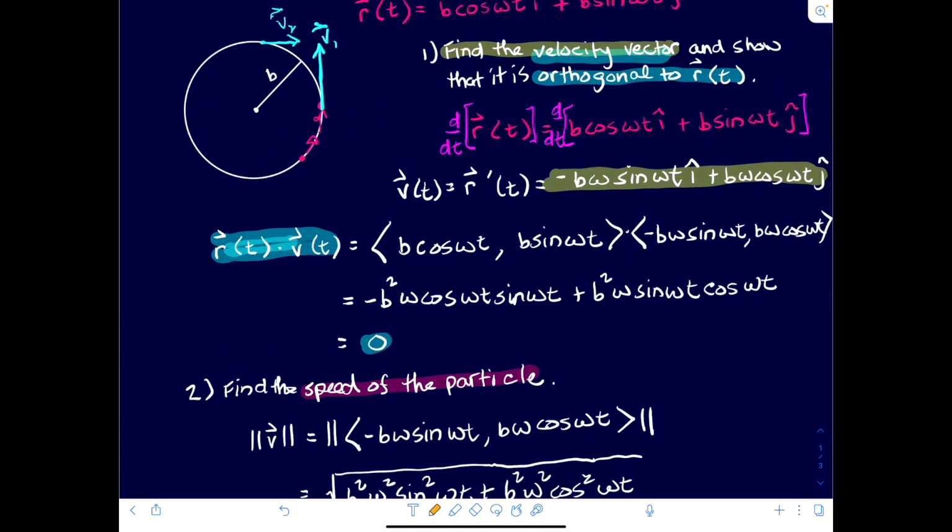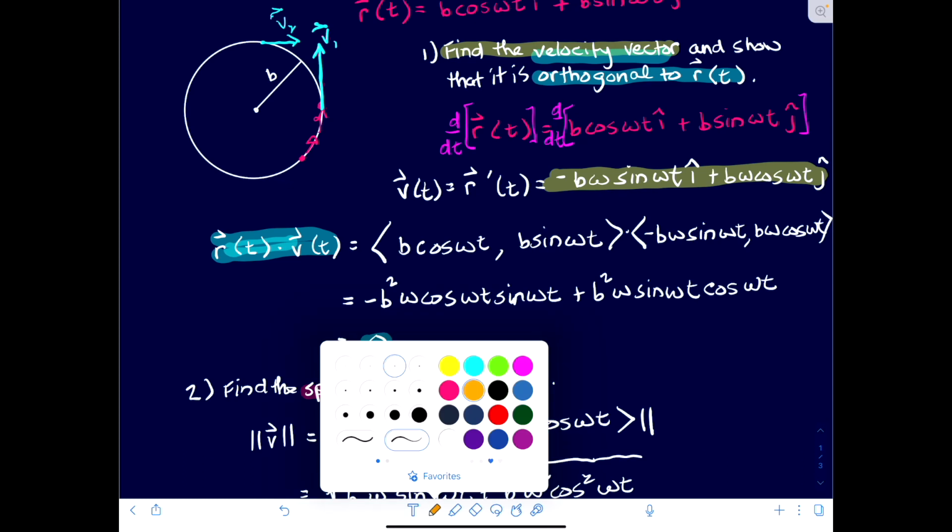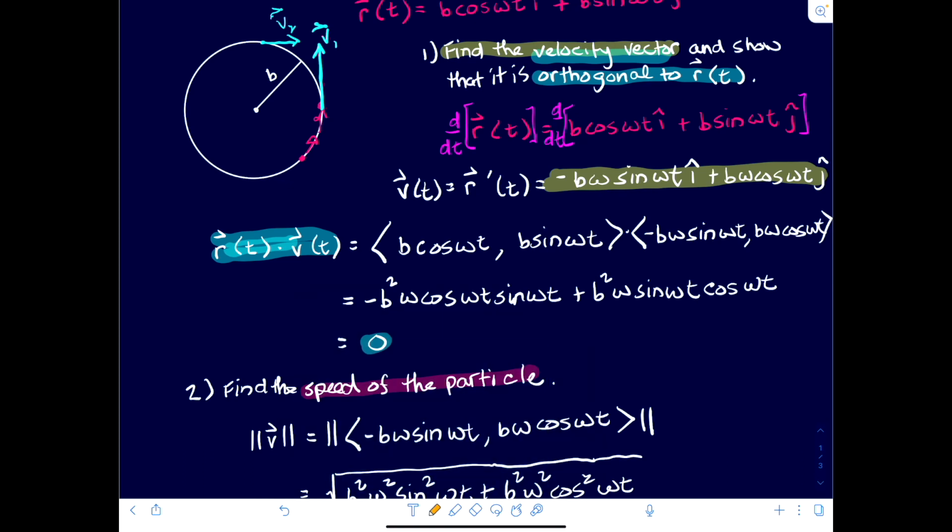So the acceleration of some point on the circle is going to be negative omega squared times r. Well, what does that tell us? Beautiful. That tells us that our acceleration vector is going to be pointed towards what?